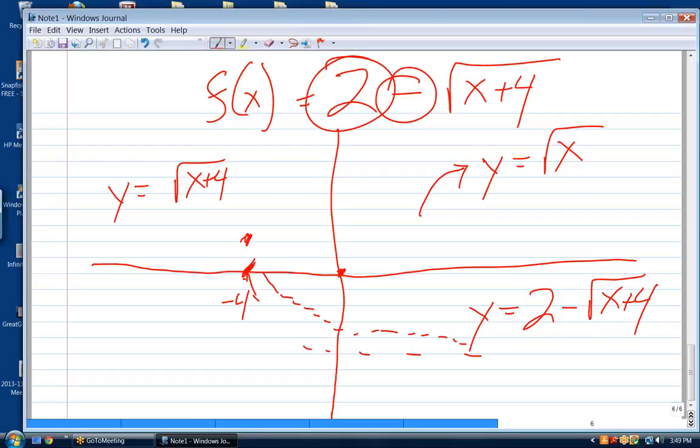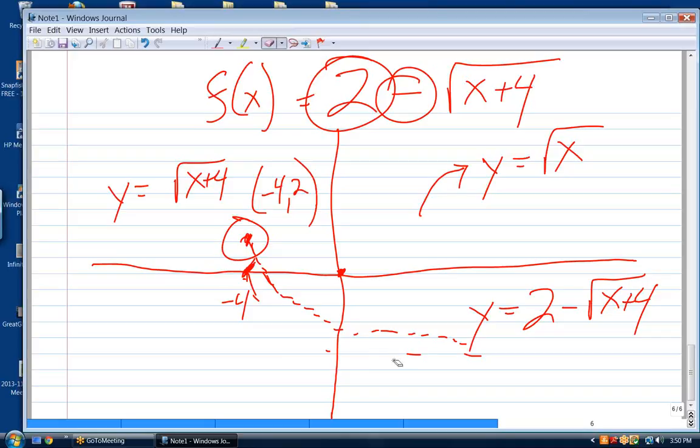Yeah. Into that formula? Something's wrong already with it. Because when x is minus 4, y should be 2. Oh, it is. Yeah, it starts right there. So this point, which is minus 4, 2, is on that curve.